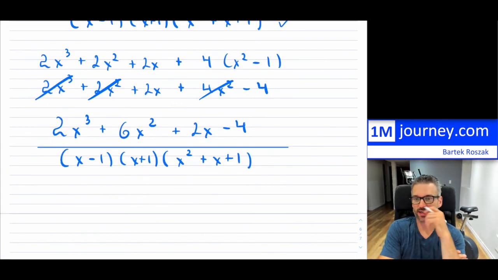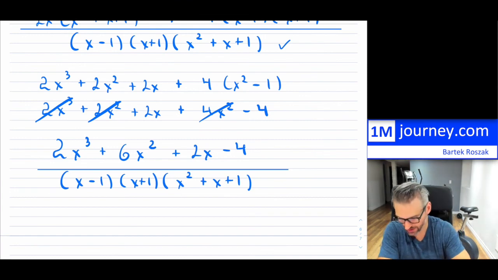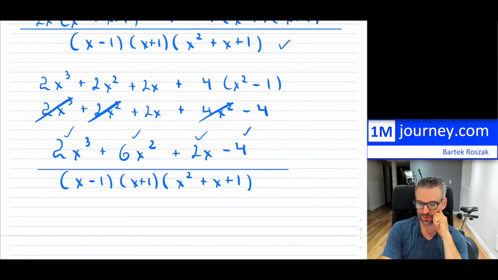All right, so that's collecting the like terms and expanding it, bringing it all together. Now I guess we can factor out the 2. Notice these are all even numbers: 2, 6, 2, and 4. But that's probably as far as we can take it in terms of simplification. And that's it for this one.